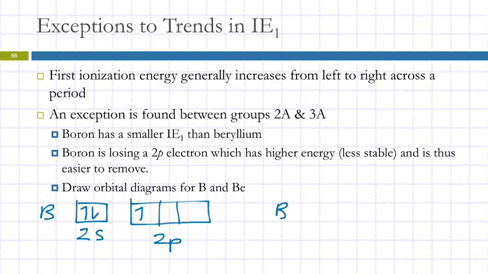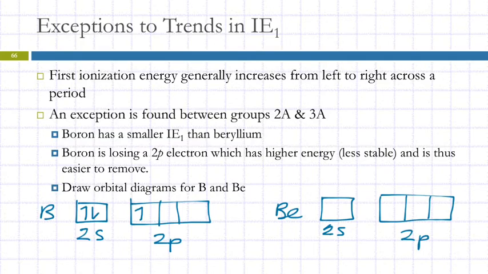And then beryllium, how many valence electrons? 2. So they're in here. So when I ionize beryllium, I'm pulling that one off. And when I'm ionizing boron, I'm pulling this one off.